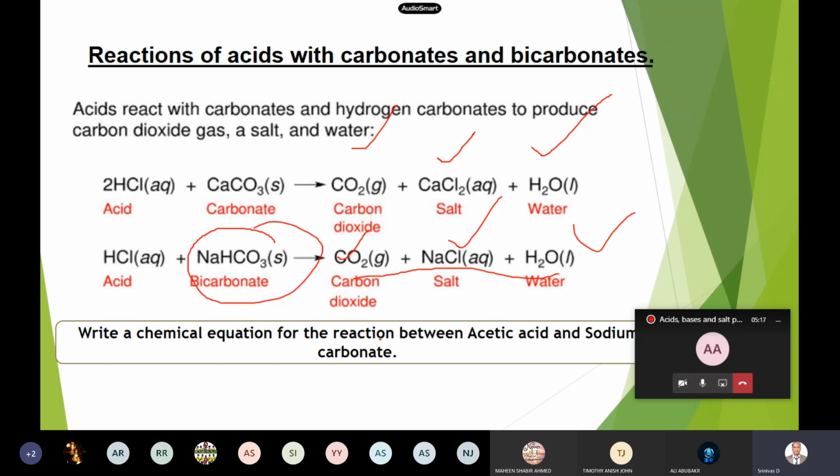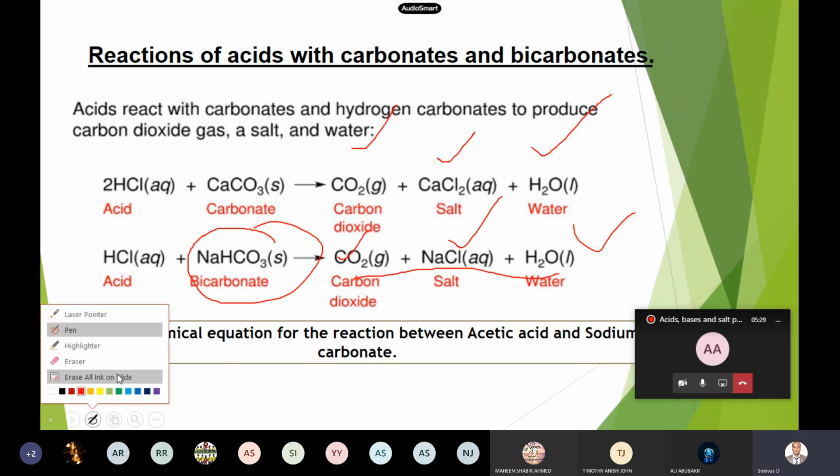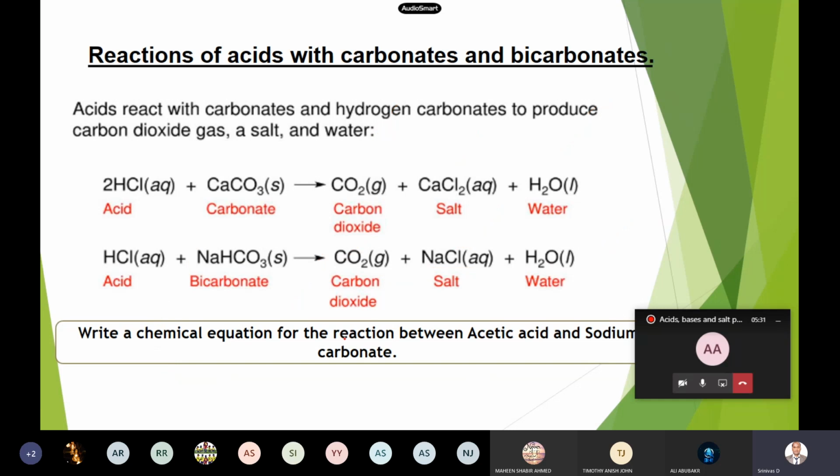So write a chemical equation for the reaction between acetic acid and sodium carbonate. What is the formula for acetic acid, Rasina? The chemical formula for acetic acid is... Afia? Alicia, what is the chemical formula for acetic acid?